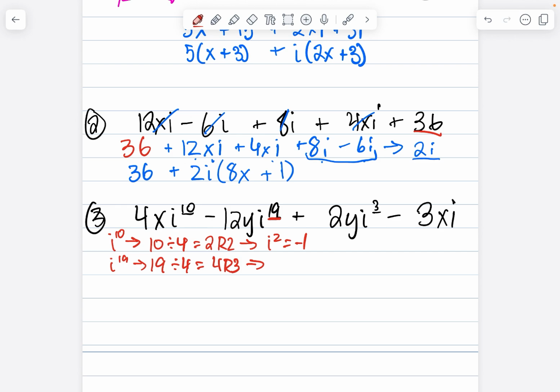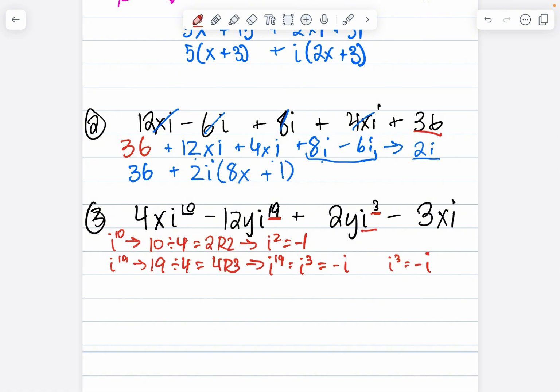So I could say i to the 19 is the same thing as writing i to the 3, because all I care about is the remainder, which is the same thing as writing negative i. All right? And over here we have another i to the 3, and we know i to the 3, again, equals negative i. All right?